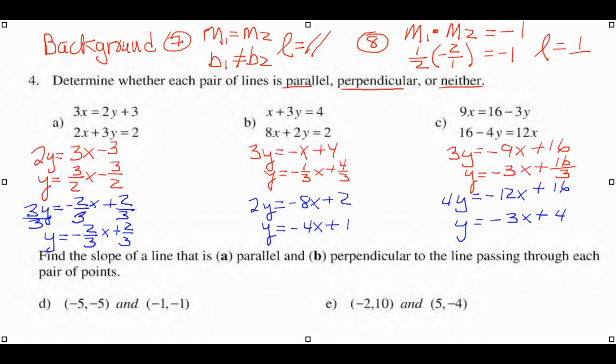So it took me a while to do these, but I'm showing what the end equation looks like in slope-intercept form. So here's the slope of the first one, and here's the slope of the second one.